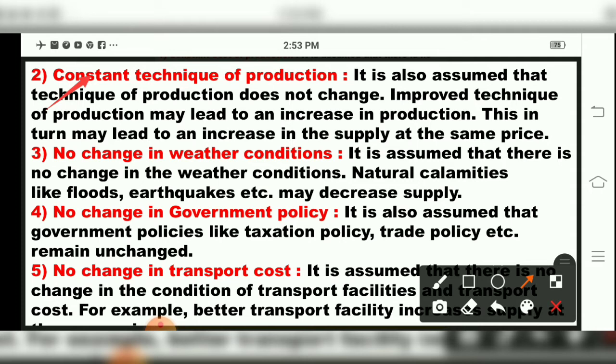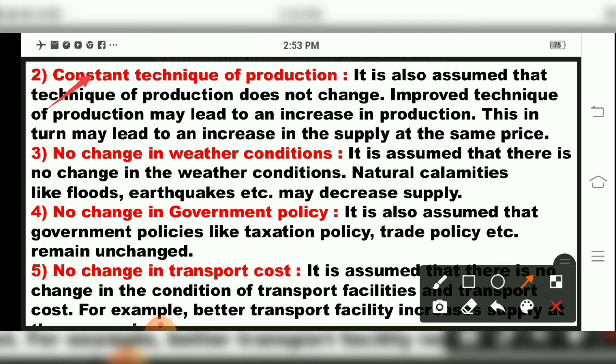So this in turn may lead to increase in supply at the same price.